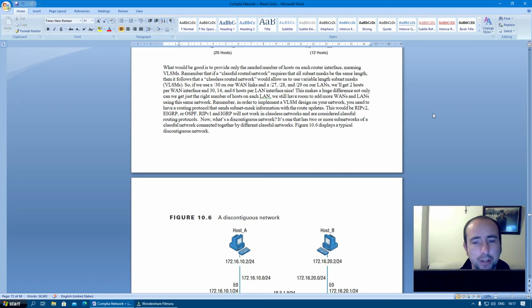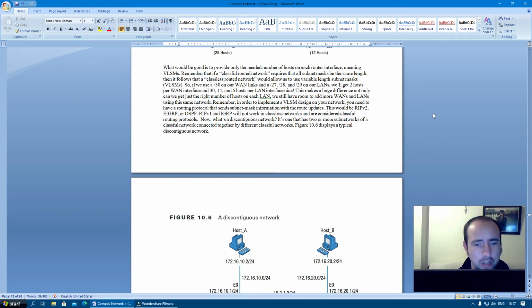Remember, in order to implement a VLSM design on your network, you need to have a routing protocol that sends subnet mask information with the route updates. This would be Routing Information Protocol version 2, EIGRP or OSPF. Routing Information Protocol version 1 and Interior Gateway Routing Protocol will not work in classless networks and are considered classful routing protocols.